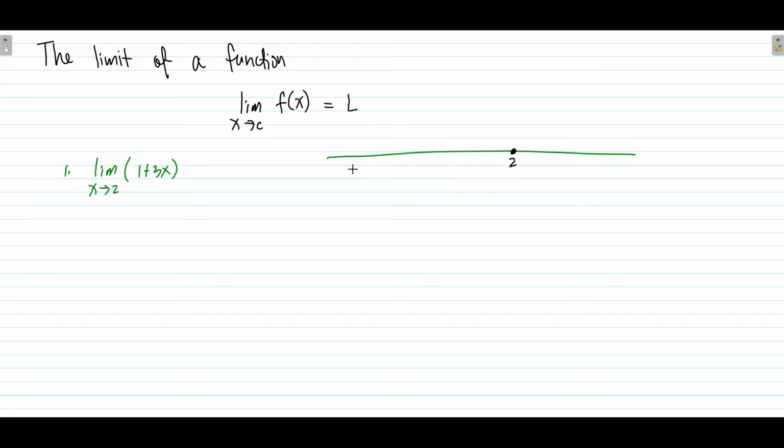So, if you have your number line, we may approach positive 2 from the left, and at the same time, pwede rin natin i-approach si positive 2 from the right. So, pwede natin gamitin yung mga values na lesser than 2 and greater than 2. Pero ang idea natin dito is we must get close enough to 2. So, numbers na palapit ng palapit sa 2 on both directions. So, from left and right.